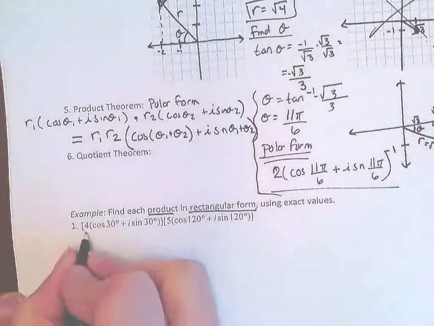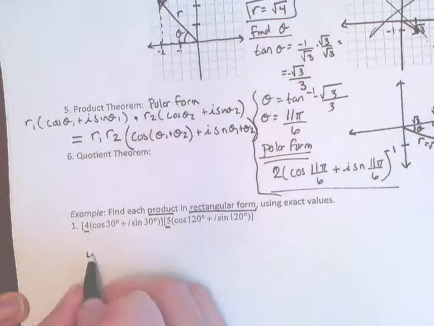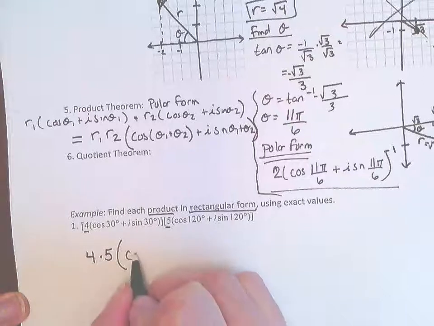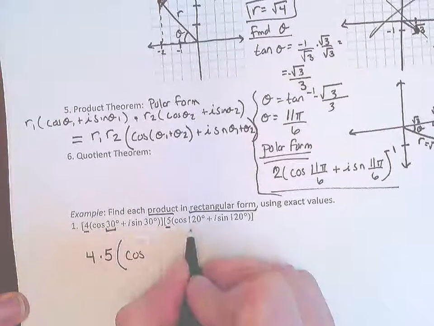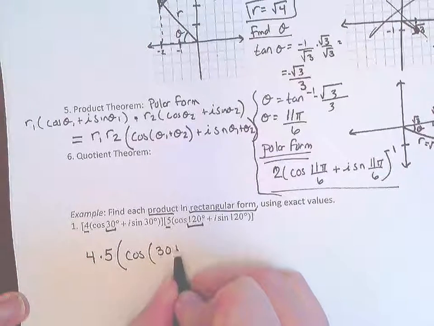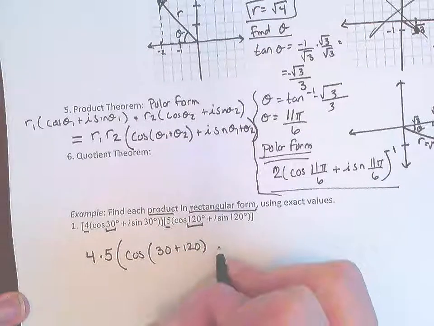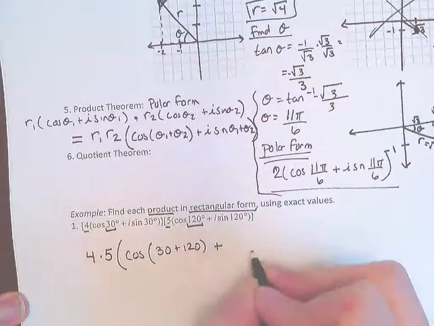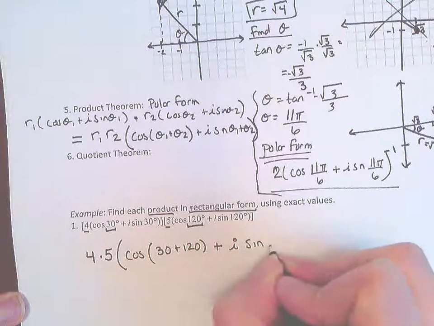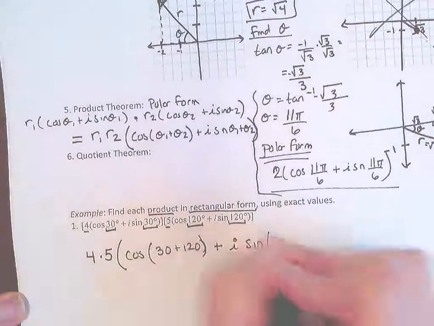Okay? So here are my r's. So first off, I'm going to multiply the r's. So 4 times 5 times. Now the cosines, the two thetas for cosine are going to get added together. So it's 30 plus 120. And then plus I. And then the sines, the two thetas of the sines are going to get added together.